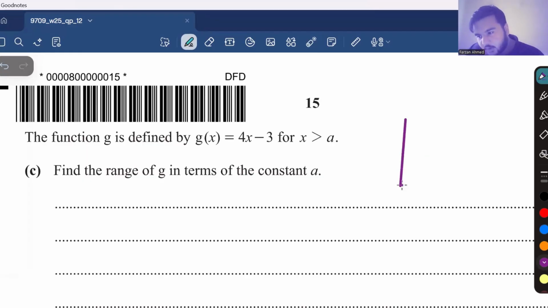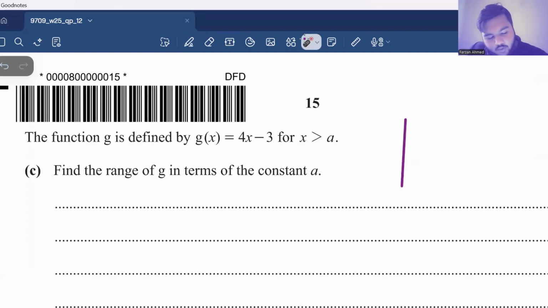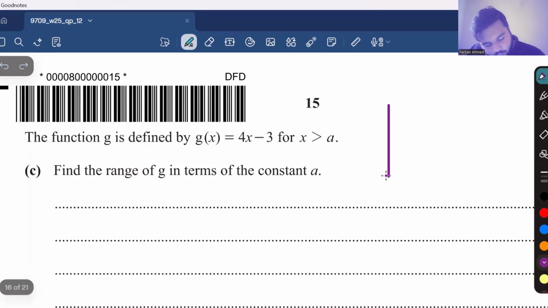When y is 0, x will be 3 upon 4. If x is 0, y will be minus 3. Now from here we will connect the line. So the line has been connected.